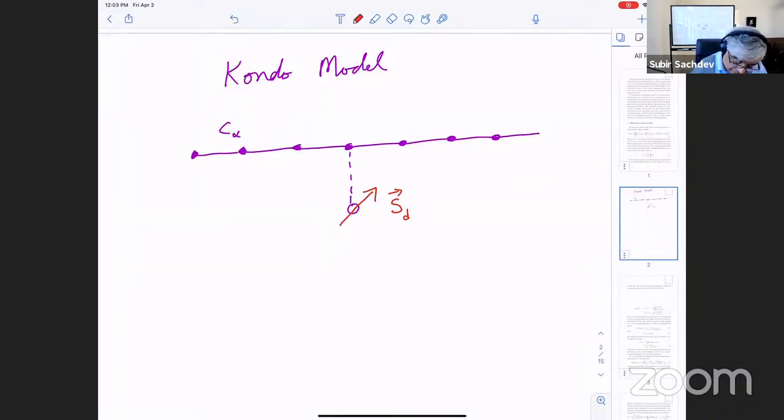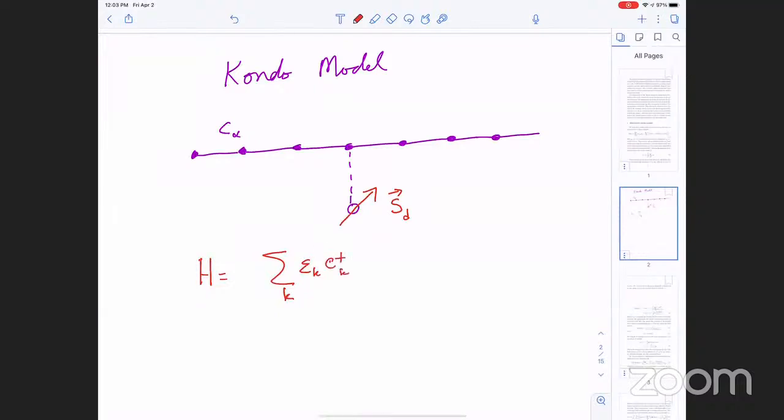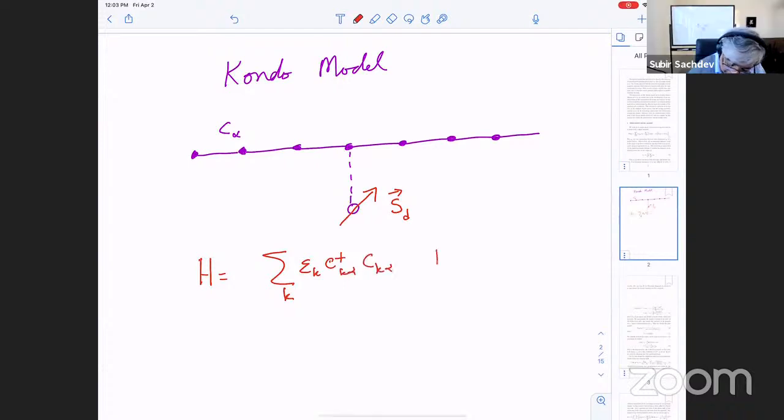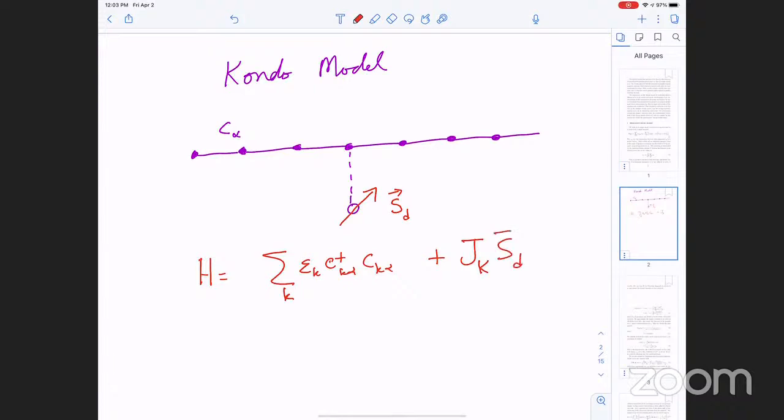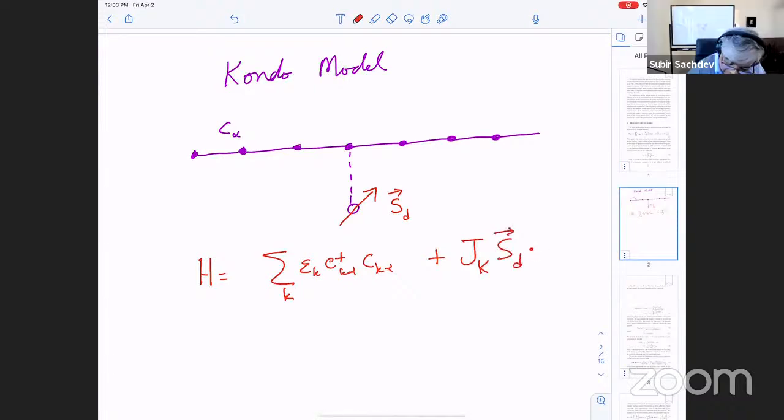And then the Kondo model Hamiltonian is the conduction electrons with some dispersion, and then an interaction with the Kondo exchange coupling J_K between S_D, the spin on the impurity, dotted with the spin of the conduction electron.